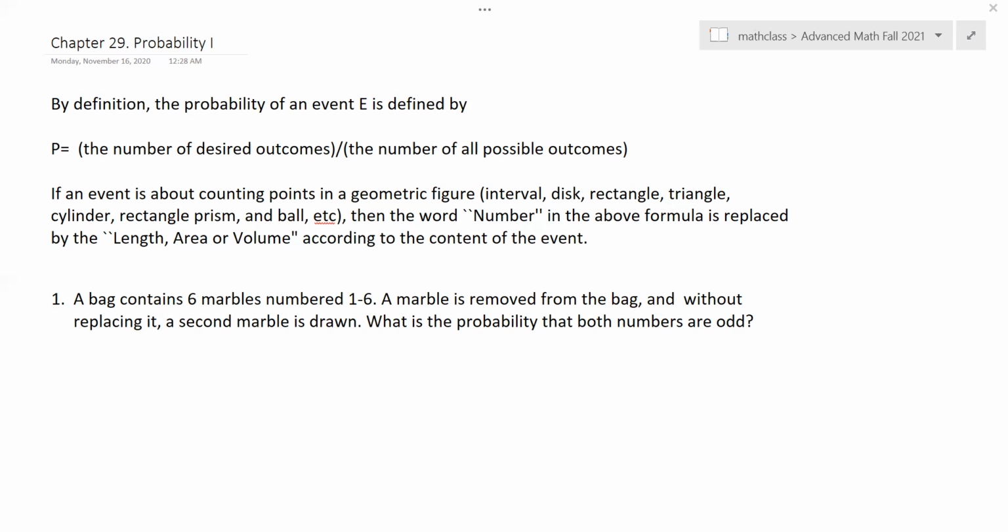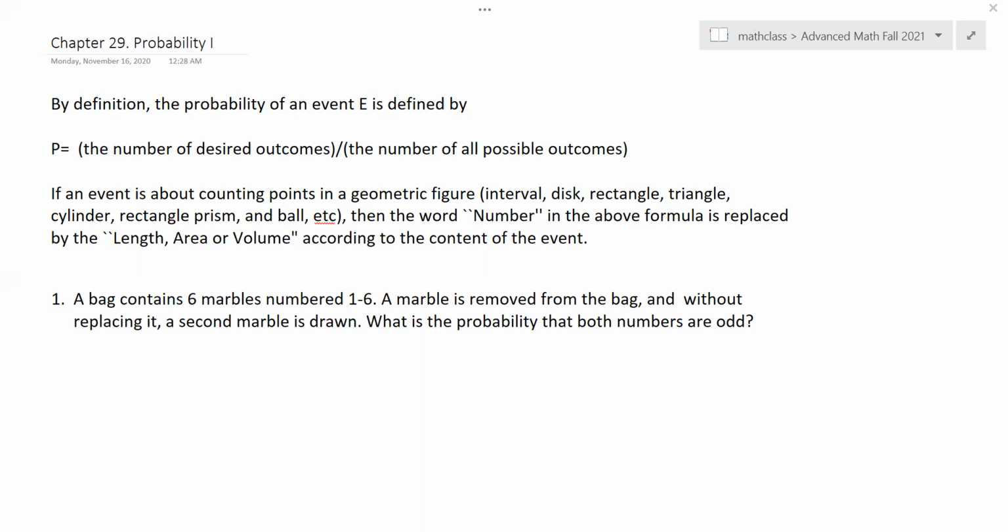An event can also be about counting the points in a geometric figure, for example, an interval or a disc. In that case, the number will be replaced by a length, area, or volume, according to the content of the event. But most of the problems we're going to study here today just count the numbers.